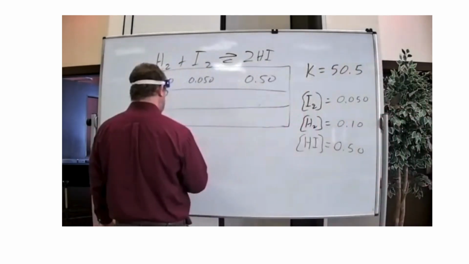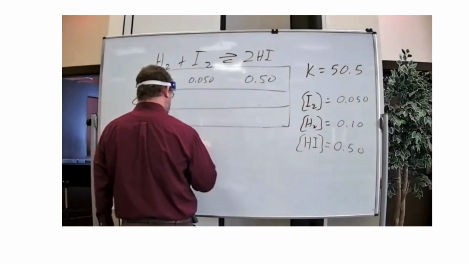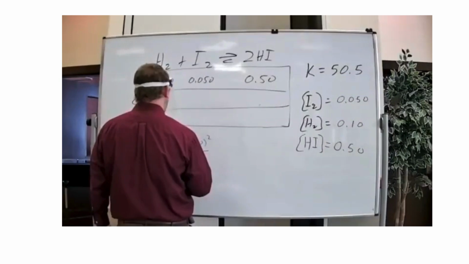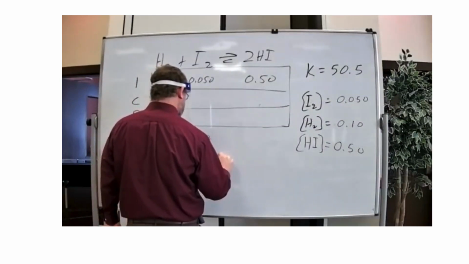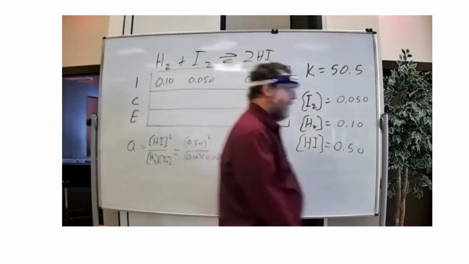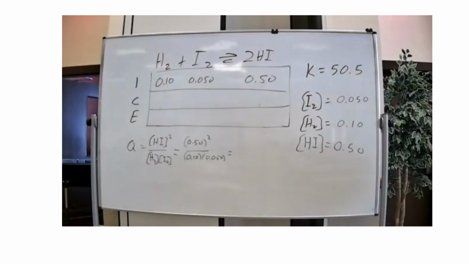So HI squared, this is 0.50 squared over 0.10 and 0.050. So somebody calculate for me this value. So everybody should go through the calculation.